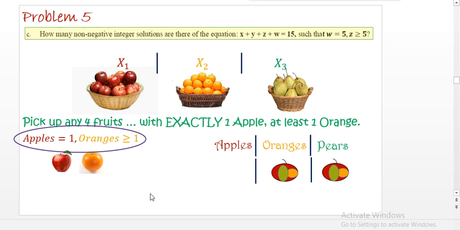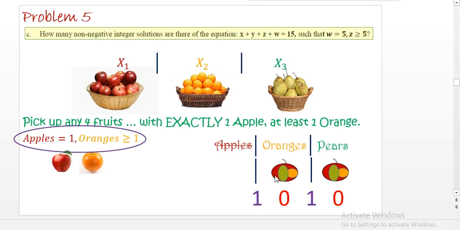So we cannot exclude oranges from our equation. The new equation becomes x2 + x3 = 2. So we have to pick 2 fruits from oranges and pears.